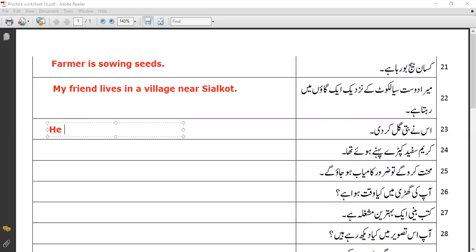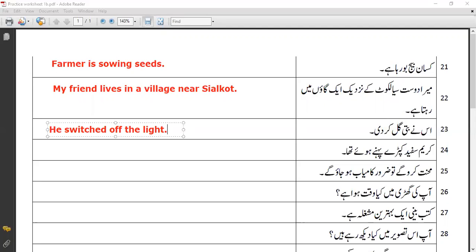That is not the proper translation. You usually say switched off, turned off. So he switched off the light. Okay, he switched off the light.